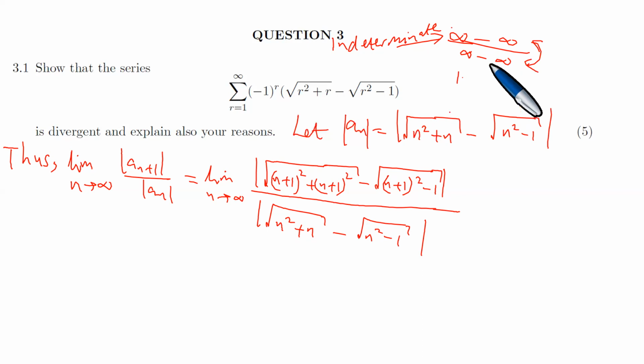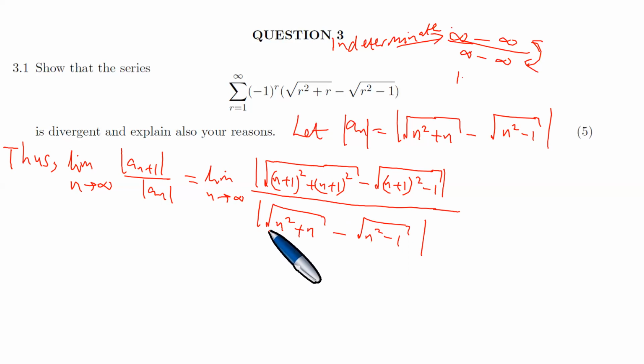It means we need to perform some algebraic manipulations. We need to rationalize the numerator, or alternatively just rationalize this from the beginning and then plug it in here.